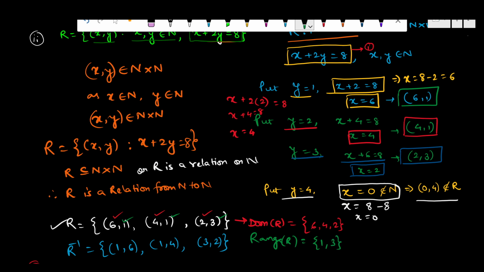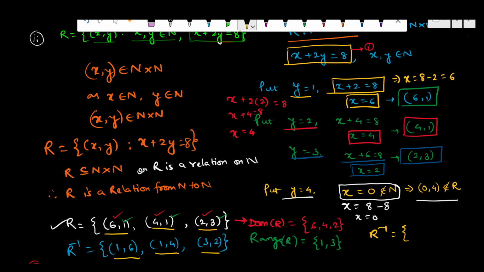Now we will find R inverse. R inverse is just interchanging the elements. (6, 1) becomes (1, 6), (4, 2) becomes (2, 4), (2, 3) becomes (3, 2).